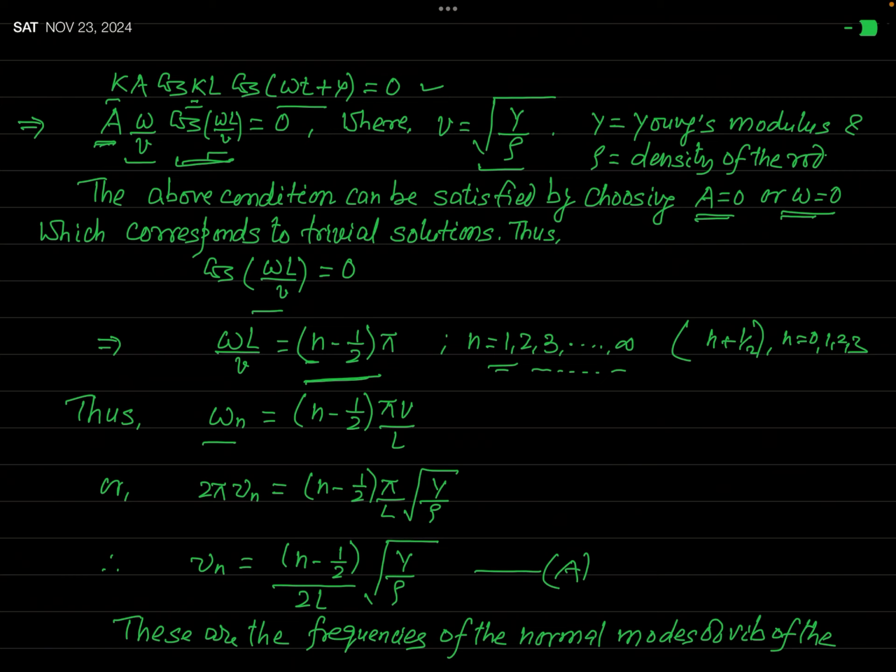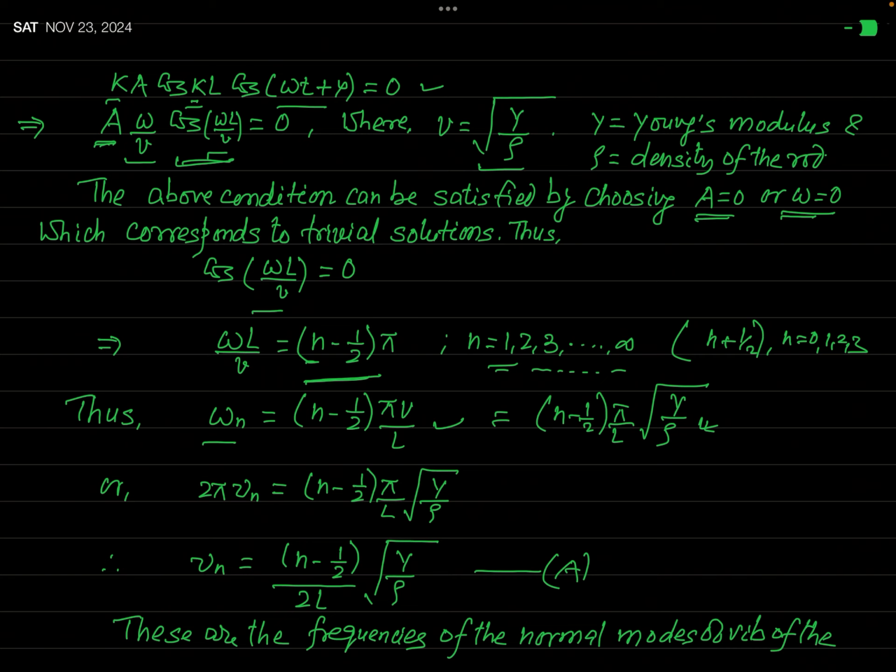So omega n will be equal to (n minus half) times pi V over L. This is actually the angular frequency of the normal modes of vibration. And this result can also be written as (n minus half) times pi over L times root over Y over rho, because this V is equal to this much.